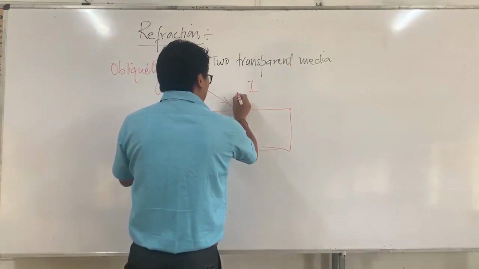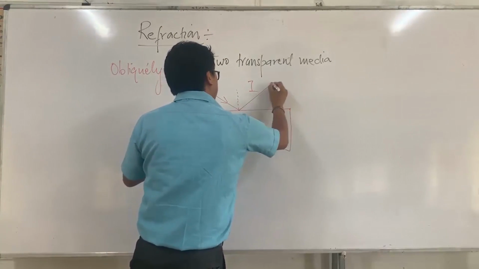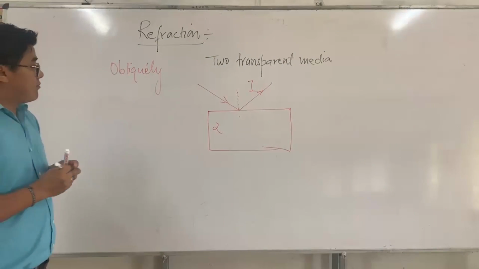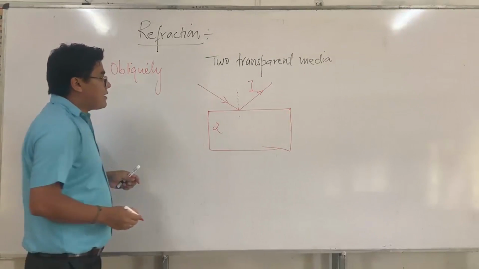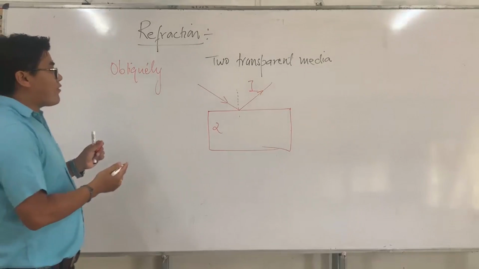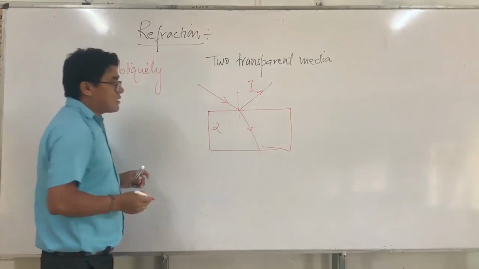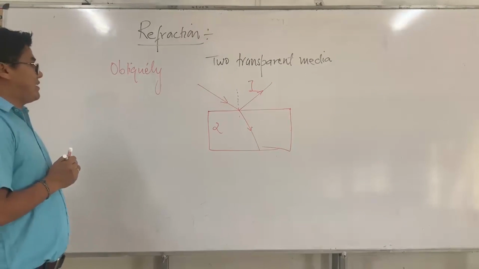First, as we have done in reflection, some part of light undergoes reflection, and the remaining part of light undergoes what we call refraction. This is what we call a bending of light.